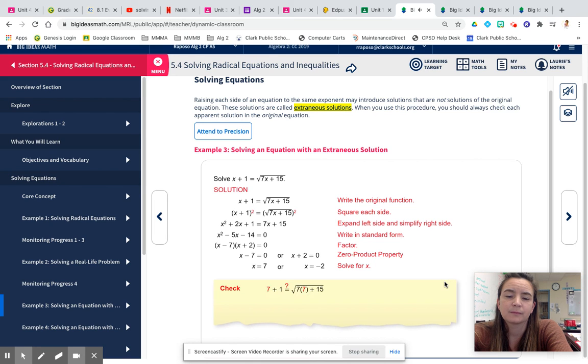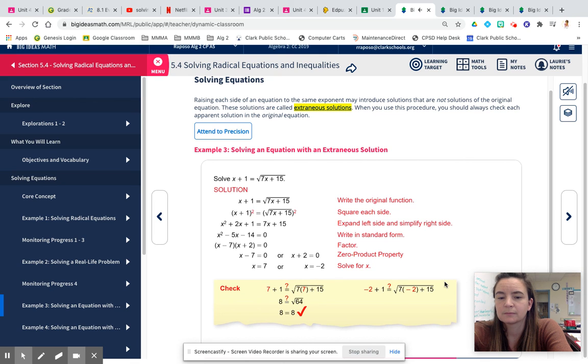Check whether 7 plus 1 equals the square root of 7 times 7 plus 15. This equation is equal to 8 equals the square root of 64, which simplifies to 8 equals 8. So, x equals 7 is a solution. Check whether negative 2 plus 1 equals the square root of 7 times negative 2 plus 15.